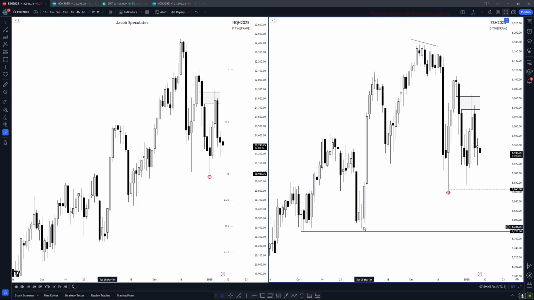How do we know when it will be an SMT fill or price will not fill the fair value gap in the other assets later on?